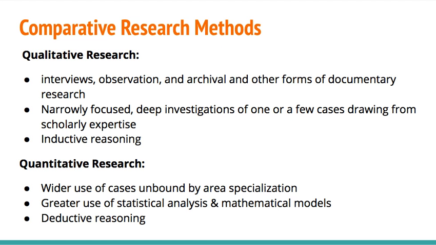As political scientists, we use both qualitative and quantitative research methods. Comparativists use these as well. So qualitative research approaches would be interviewing people, doing observation, archival, and other forms of documentary research.